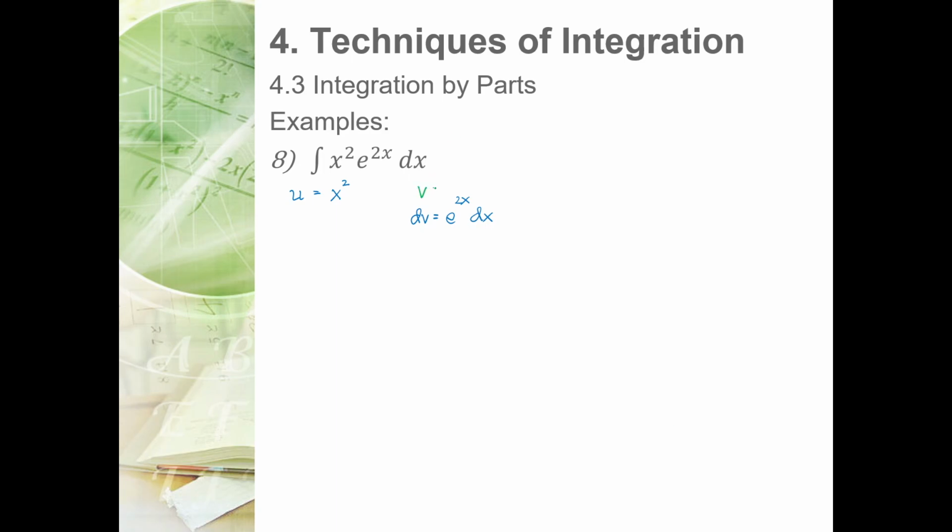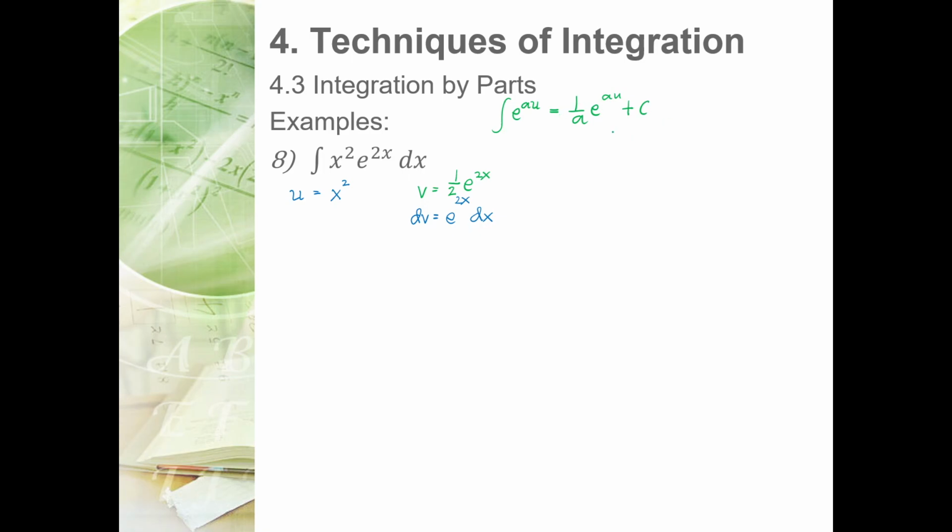So v now is equal to 1/2 e raised to 2x. Again, if you're wondering why it's 1/2, since we have a coefficient in the exponent, the answer is 1 over a e to the power of au plus c.